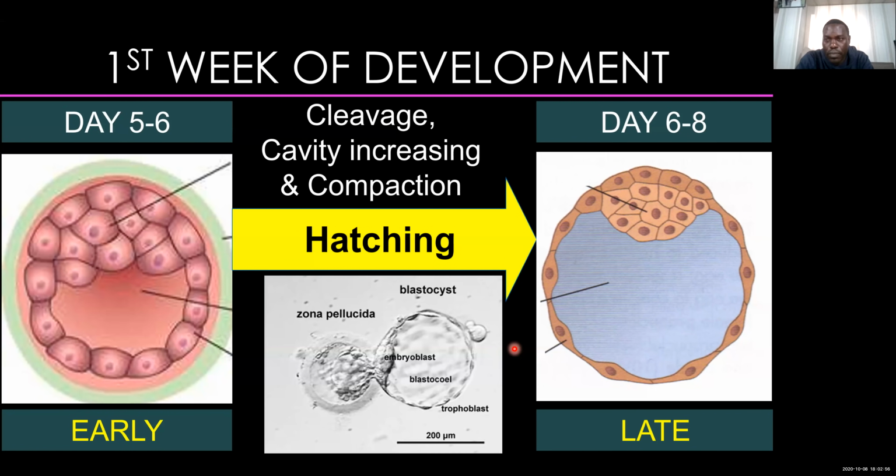Yes, there's a better term. Which other term do you want to use instead of saying stretched? Squamous. Very good. So the late blastocyst, the outer cells are squamous. And the early one, the outer cells are? What term do you want to use for those cells?